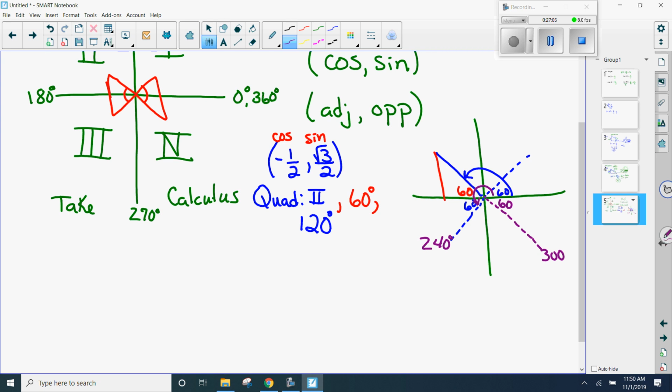Sine in this quadrant is negative, so it should be negative 0.866 again, or negative radical 3 over 2 if you got the nice fancy calculators that do that for you. So you actually have 4 angle measures that will be within that. It's just the signs are going to be different for 2 of them depending on which quadrants they're in.